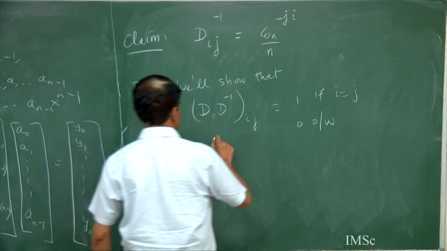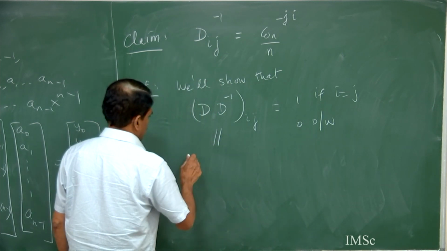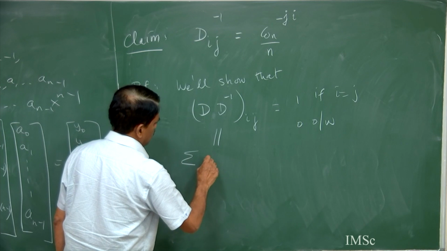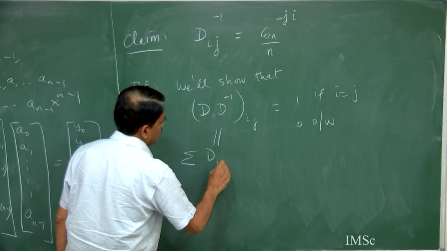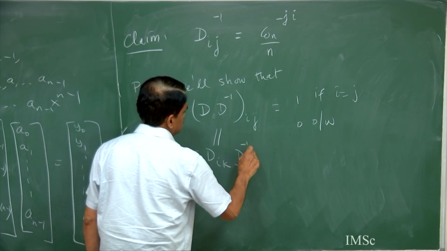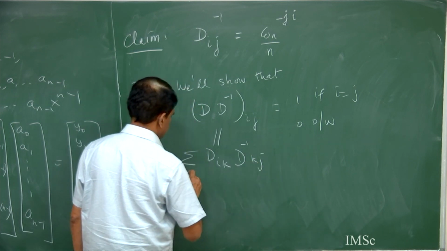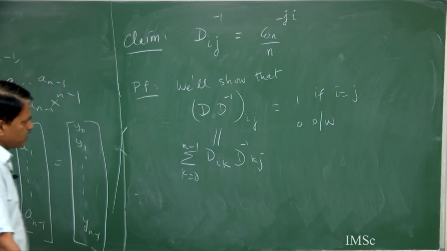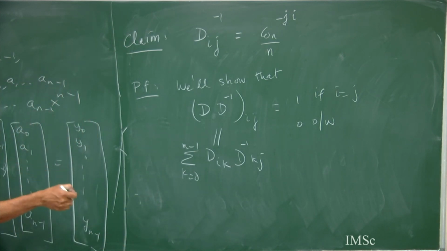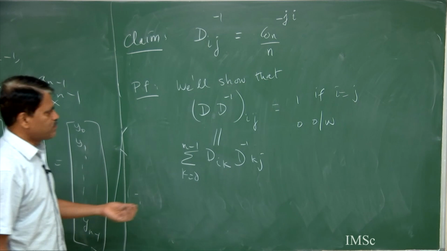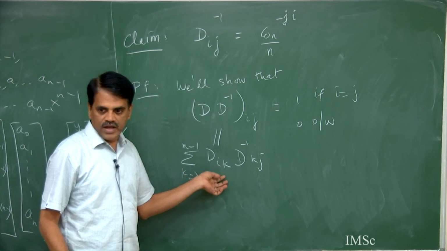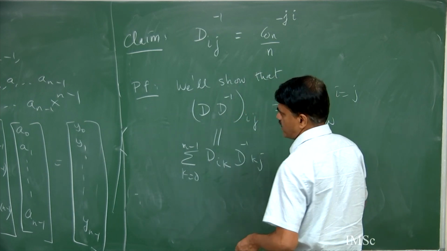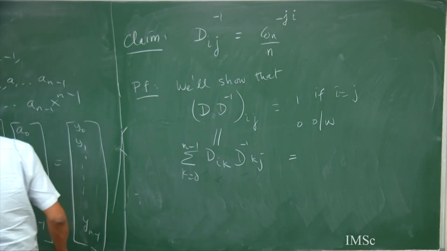So let's see. What is this? Summation D ik into D inverse kj, right? k going from 0 to n minus 1. What is the ijth entry of the product matrix? You take the ith row and jth column and multiply pointwise, ik into kj. Well, what is D ik? I have written down here omega n power ik.